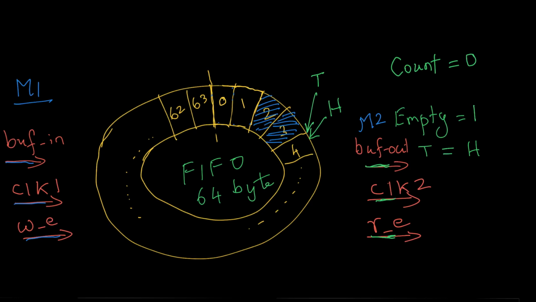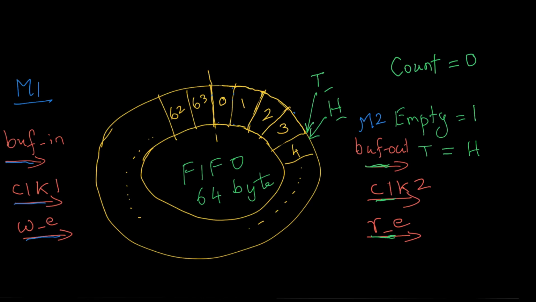And yes, all the data has gone out from 2 and 3. So your FIFO is empty again, but unlike the initial case, your tail and head are merging at address 4, right?